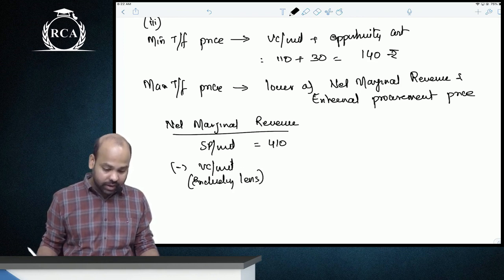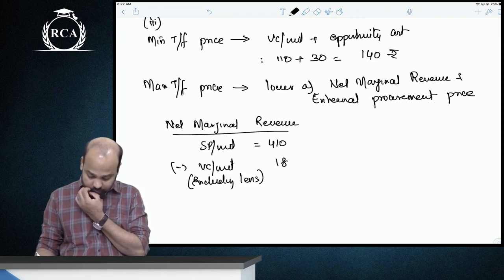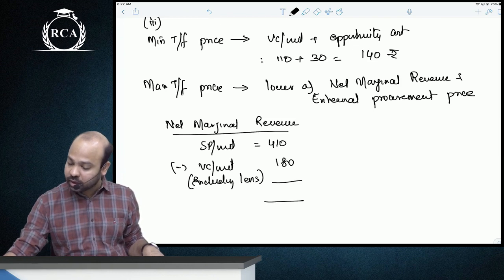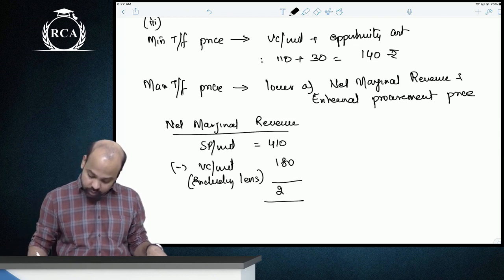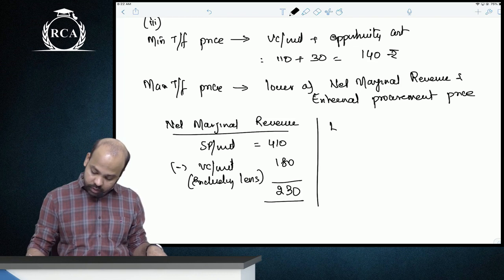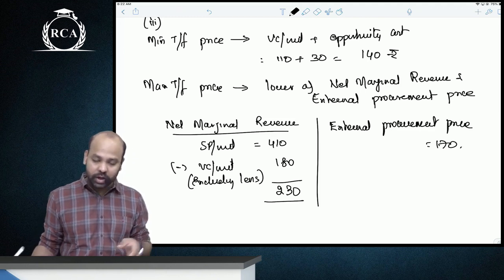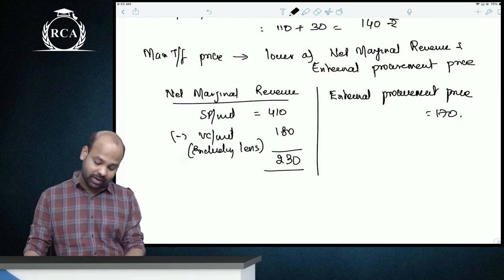Excluding lens, the variable cost per unit is 180 rupees. So marginal revenue as such, guys, is 410 minus 180, 230 rupees. Whereas the external procurement price is 170 rupees. So this is the case.